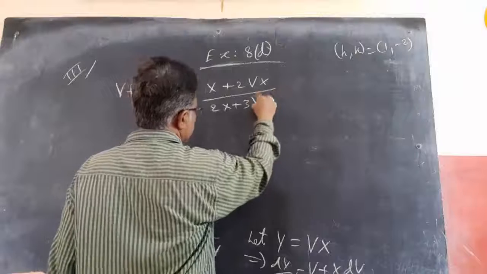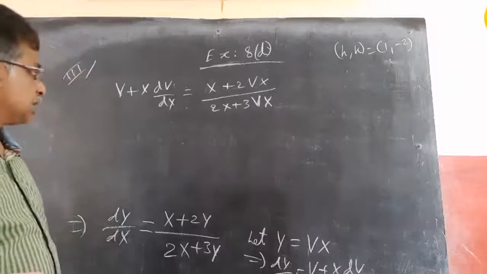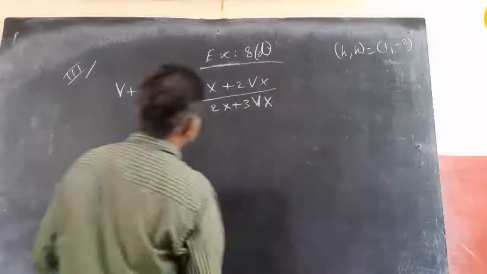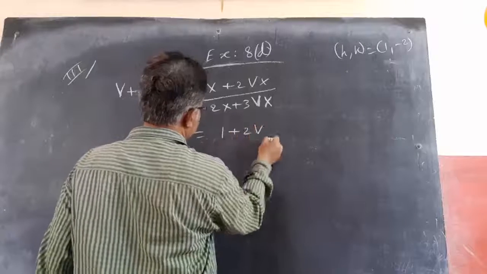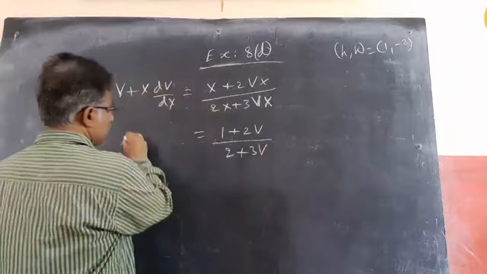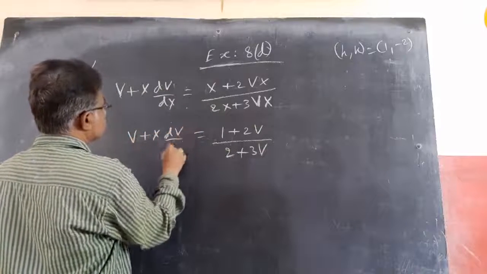Now you can take x common and cancel, then the equation becomes v plus x into dv by dx equal to 1 plus 2v by 2 plus 3v.